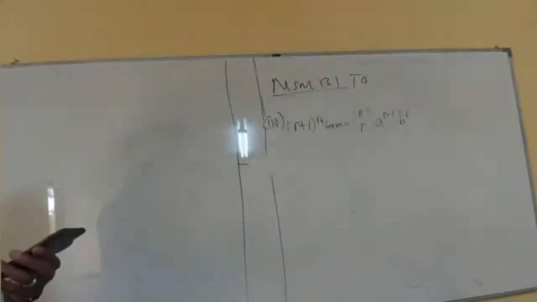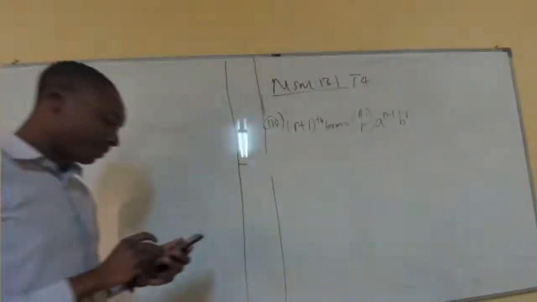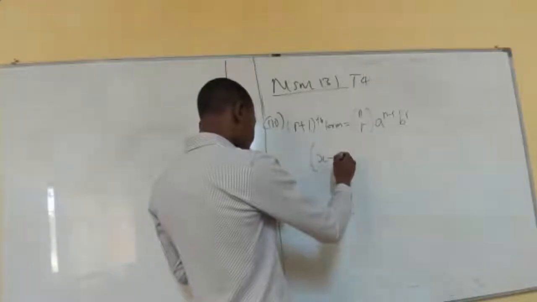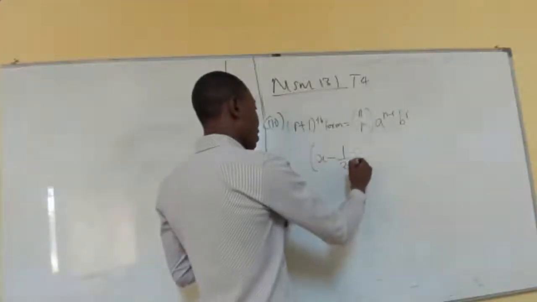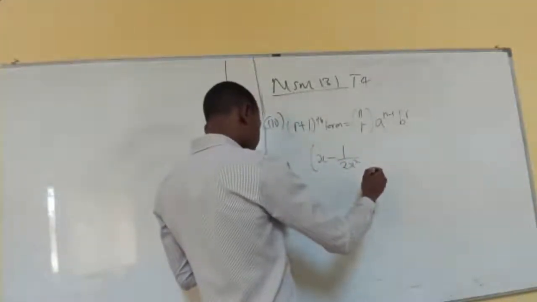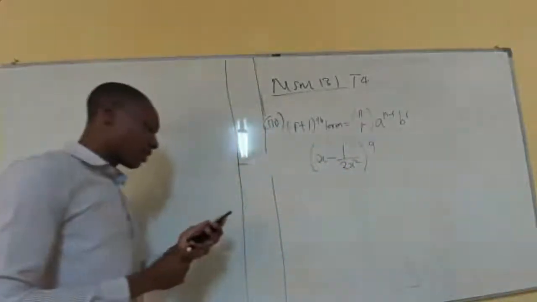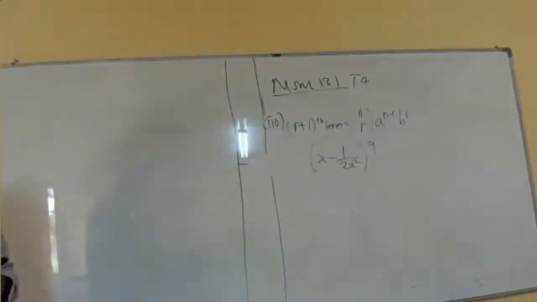Now, you've been given the question as x minus 1 over 2x squared, to the power 9. So now we want to know the term that is independent of x in that expansion.